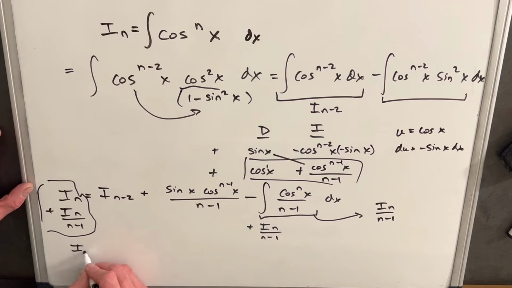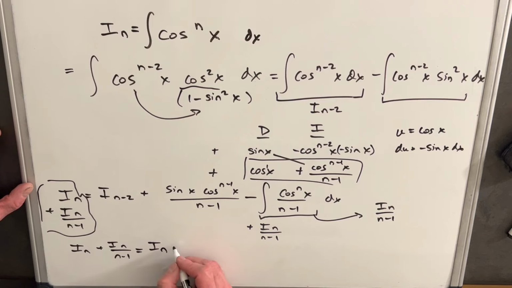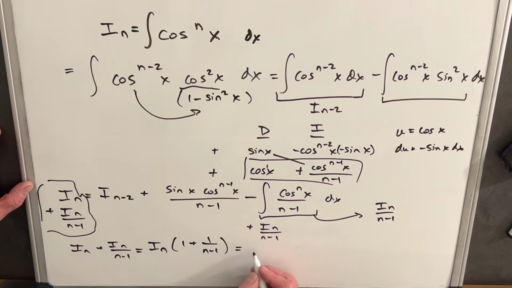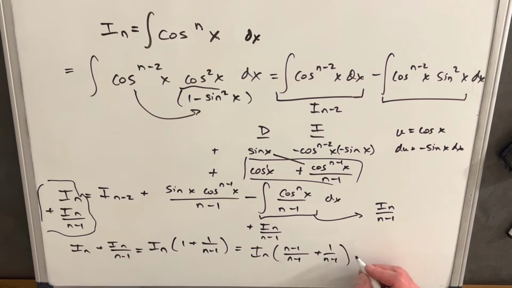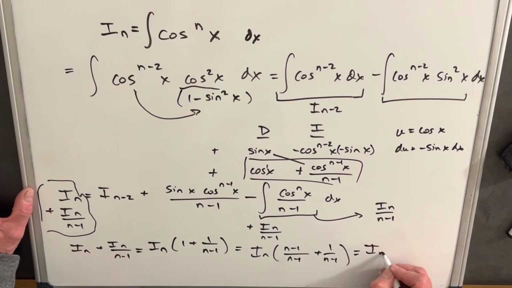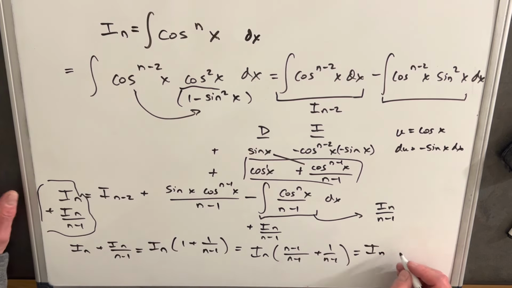If we say I sub n plus I sub n over n minus 1, we can pull out the I sub n and write it as 1 plus 1 over n minus 1. Then getting a common denominator, we're going to have n minus 1 plus 1 over n minus 1.